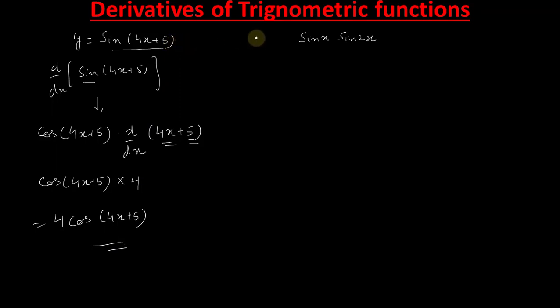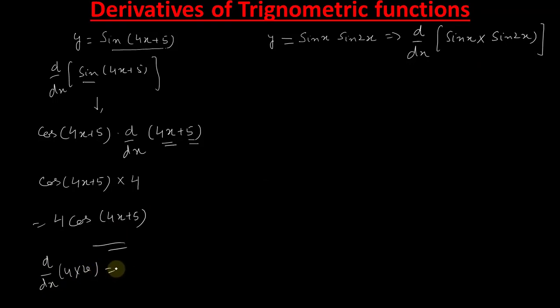Now let us do this. y is equal to sin x sin 2x. We have to find dy by dx of sin x into sin 2x. Here I will use the product formula that I discussed with you in my previous lecture: if we have two functions u and v of x, then the derivative of their product is u dv by dx plus v du by dx.